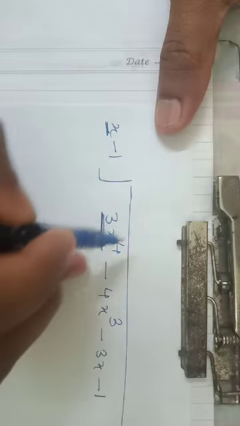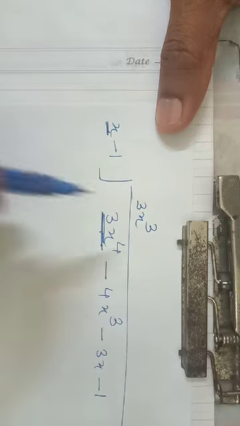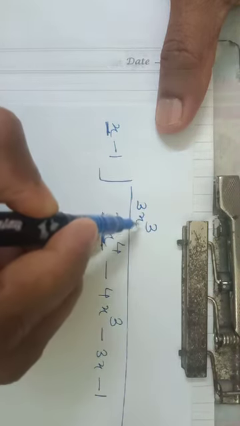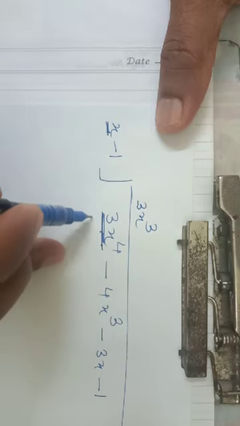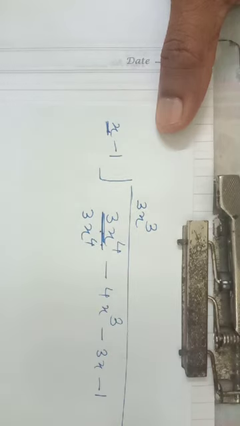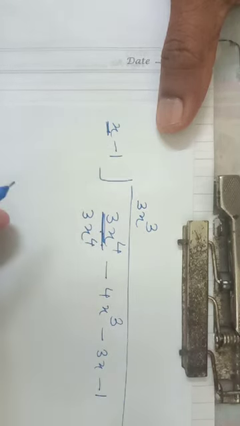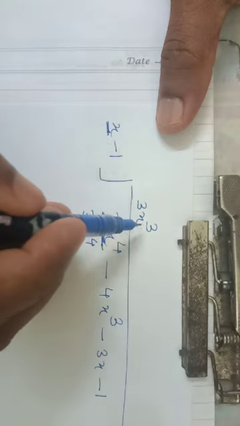So we should write here 3x raised to the power 3, or 3x cube. Multiply 3x cube with x, so that will be 3x cube into x. It means 3x raised to the power 4. In the multiplication form, power will be added. If the variable is the same, in the product form power will be added.